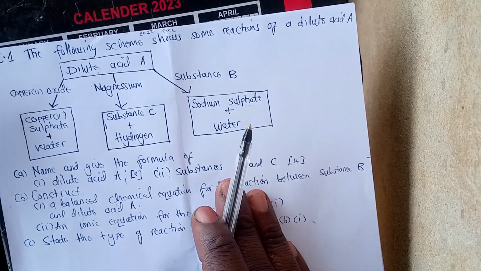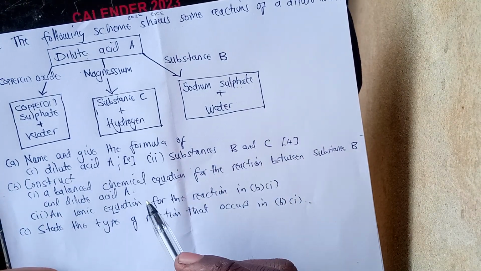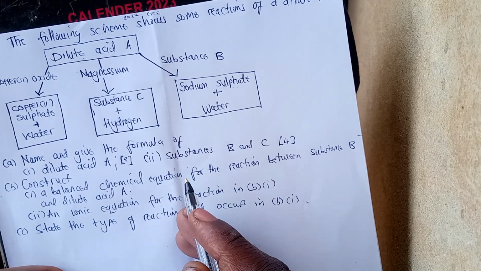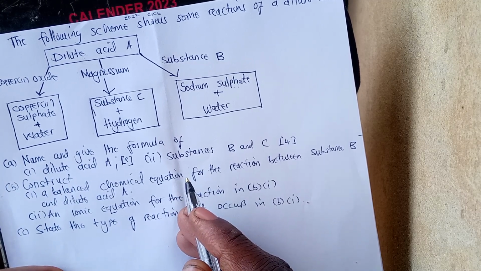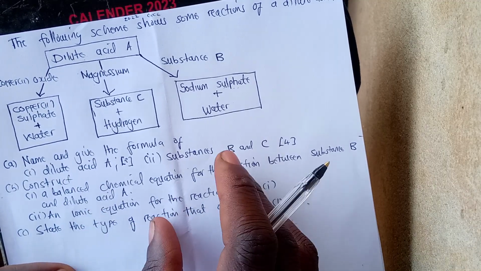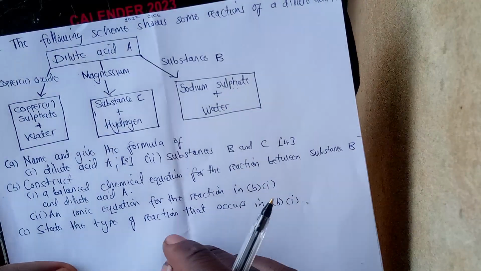So dilute acid A is an acid formed from a sulfate radical. Which acid is formed from a sulfate? An acid which has the sulfate radical is sulfuric acid. So from the word sulfate, to form an acid, it will be sulfuric acid.